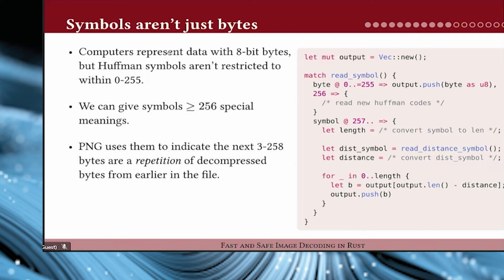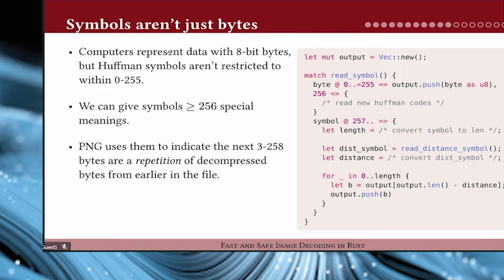But then the next thing, and this is what gives you a lot of the compression, is the concept of repetitions. So even higher values indicate that you want to be copying previously seen bytes. You had some bytes you've already decoded, and then you say, remember those previous bytes? We're going to grab 3, 4, 200 of them, and we are going to repeat them afterwards again.